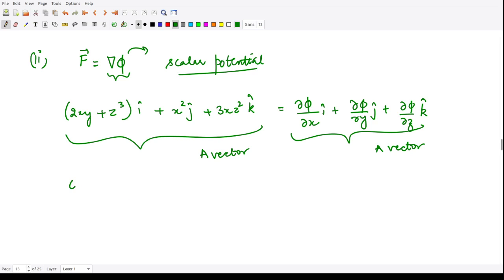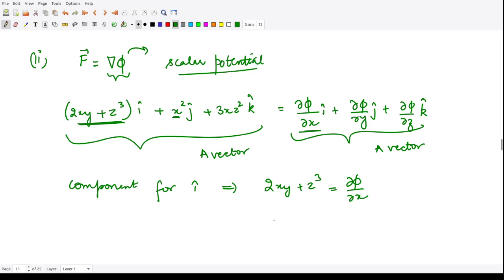So that means the components are equal. For i cap, 2xy + z³ is equal to del phi by del x. For j cap, x² is equal to del phi by del y, and for k cap similarly 3xz² is equal to del phi by del z.